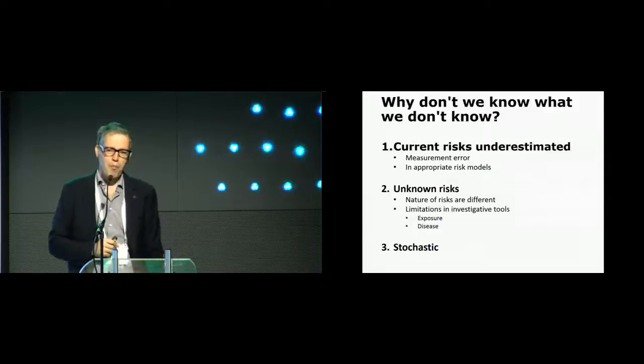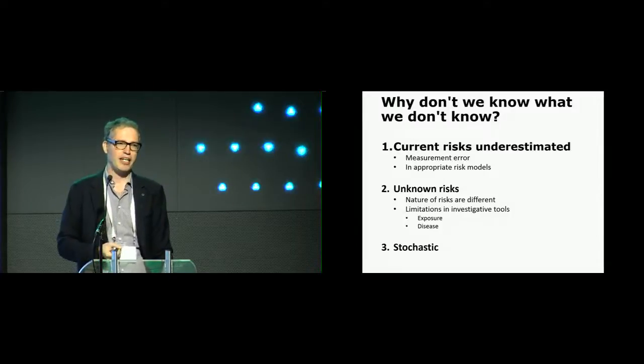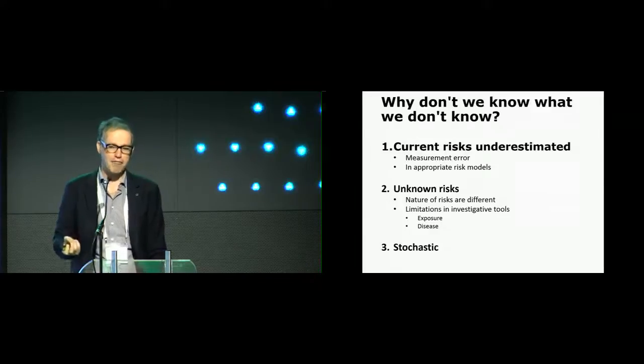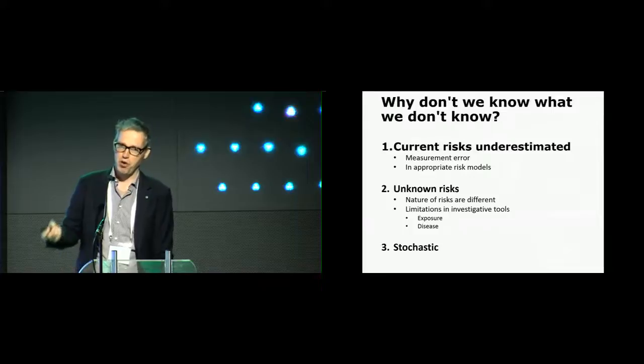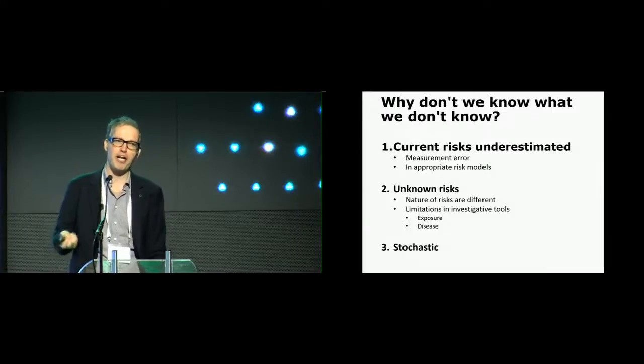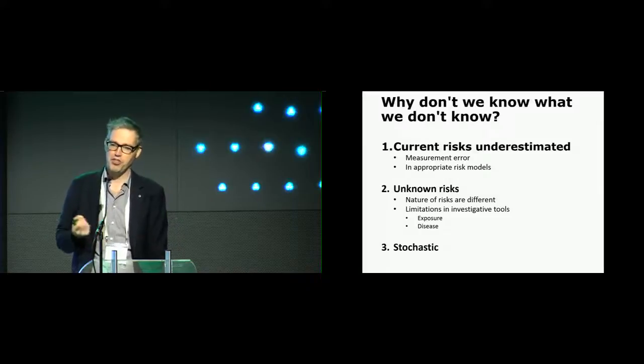You could come up with several reasons why we don't know what we don't know. One is that we underestimate the current risks because we don't have the right exposure proxies, and therefore have attenuated risk estimates and under-ascertain the burden of disease.